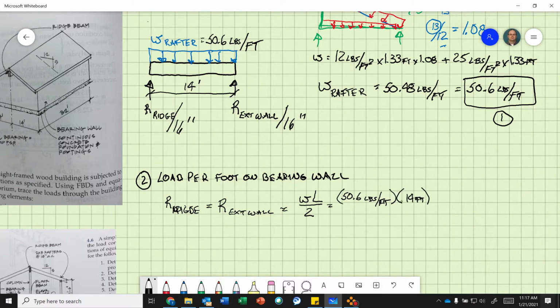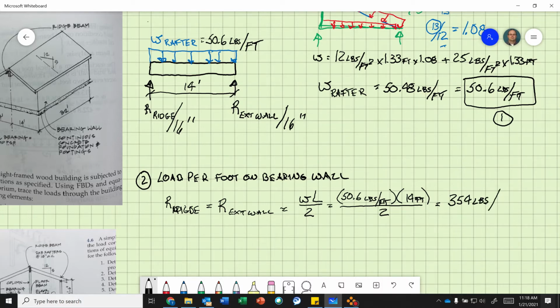So now my units are in pounds, and I divide by 2. 50.6 times 14 equals 708, divided by 2 equals 354.2 pounds. And your book rounds it down. Okay, per point load.